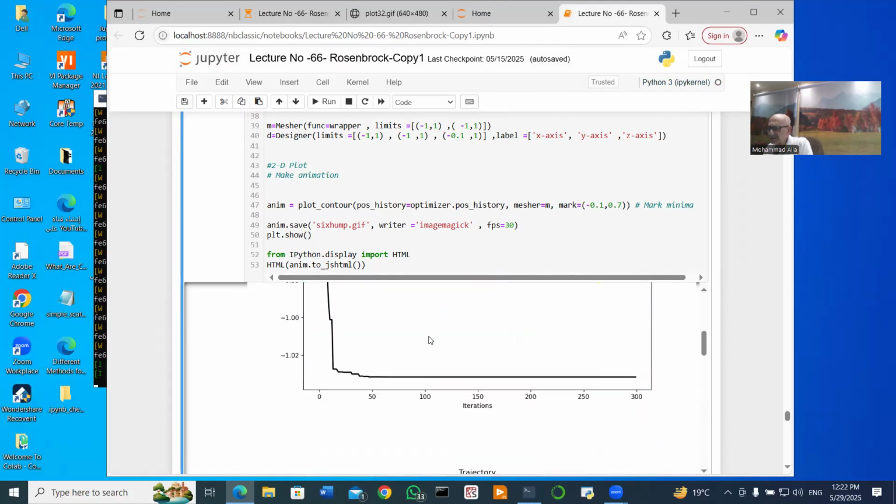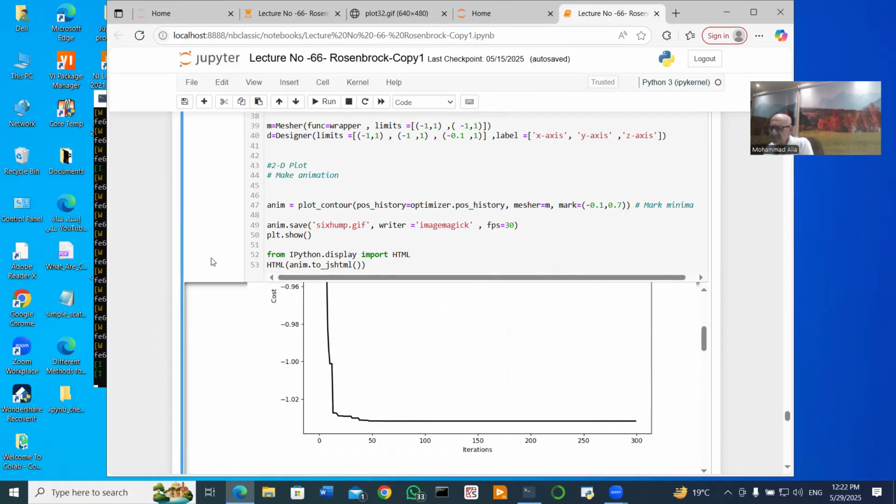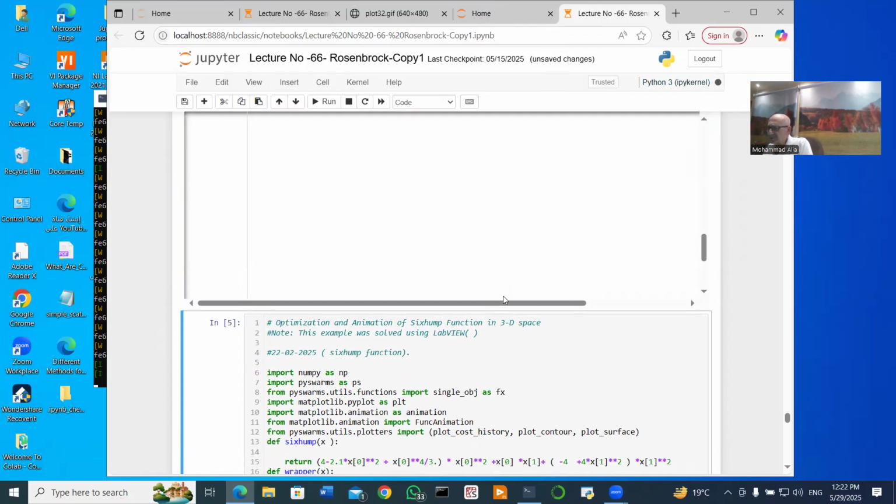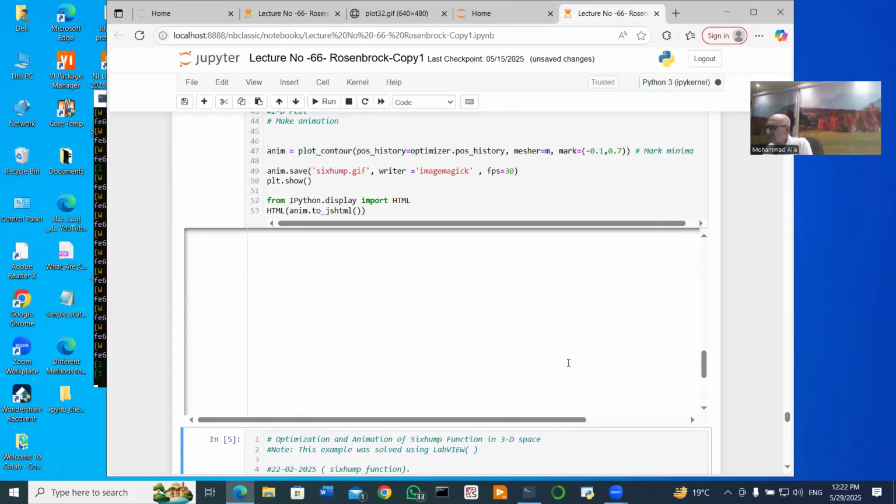Now let us run it for you. Please be patient. It will take maybe 2 to 3 to 4 minutes to converge to the position and to the value which I have told you. Now, as you see, if you look at the notebook here, the Python 3 kernel is running. The dot here being black means it is running.